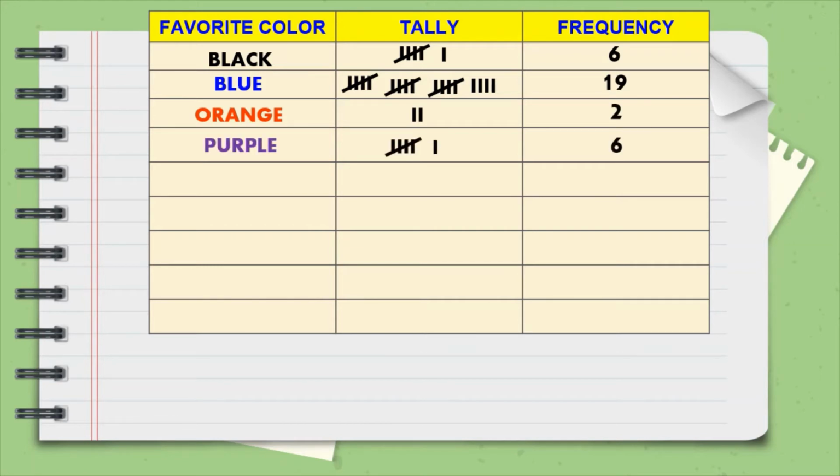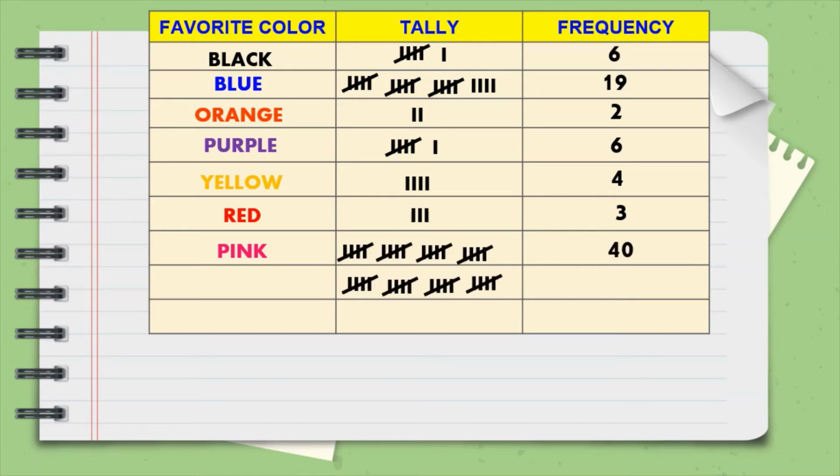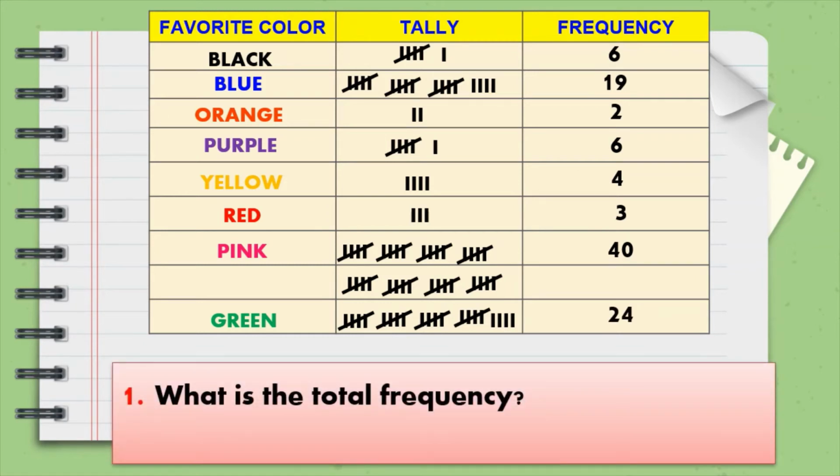Purple, we have 6. Yellow, we have 4. Red, we have 3. And then pink, we have 40. And then green, we have 24.